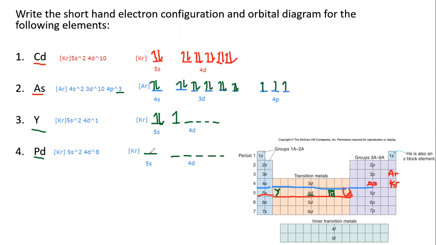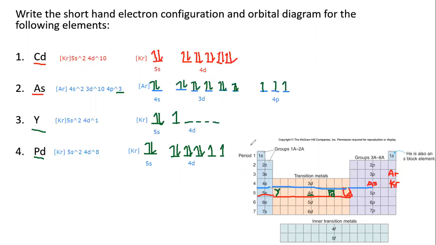So the 5s gets 2 electrons, the 4d gets 8. But remember, you have to give each orbital 1 electron before you pair them up. So that's the orbital diagram for palladium.